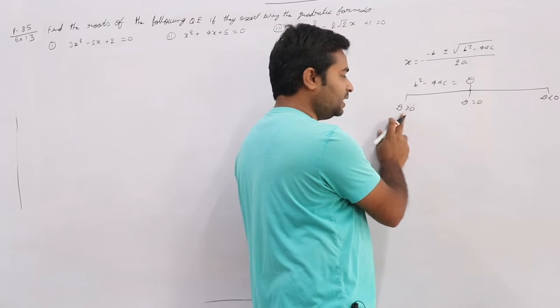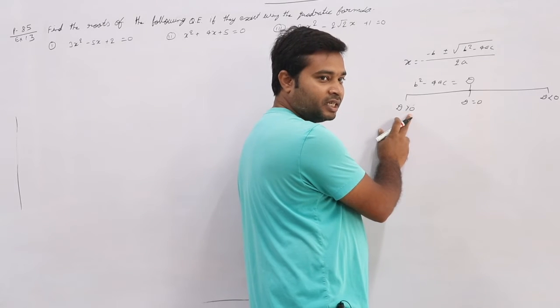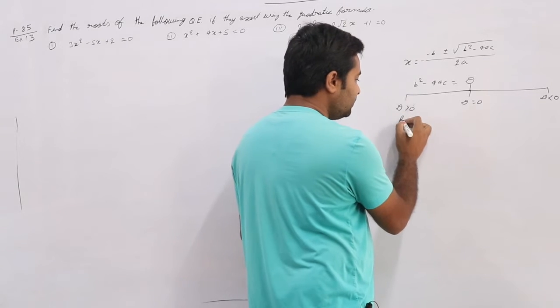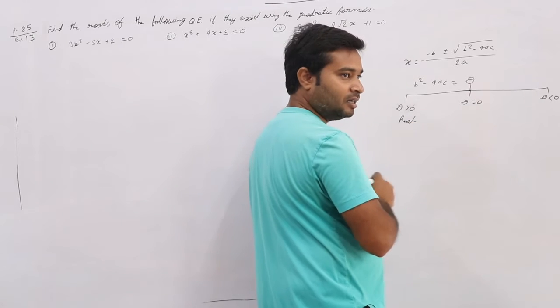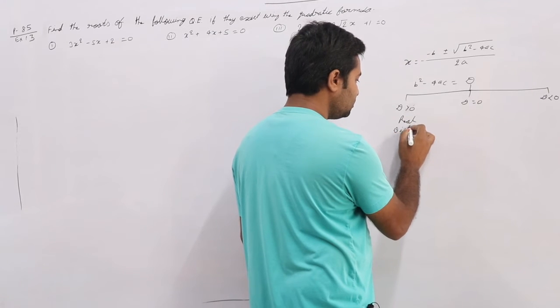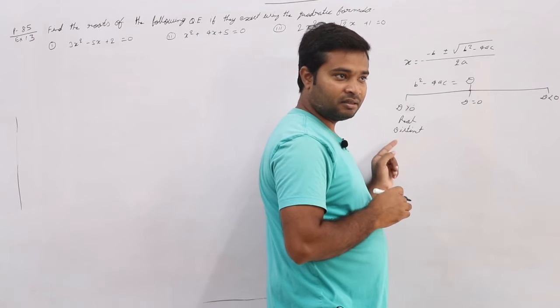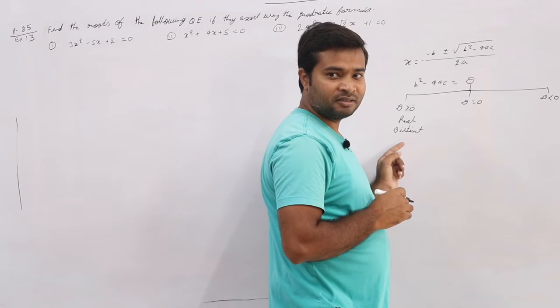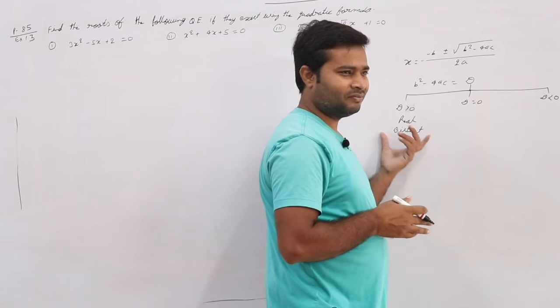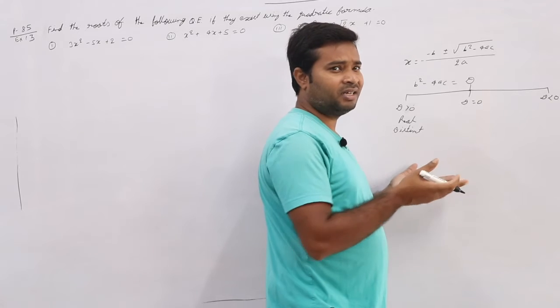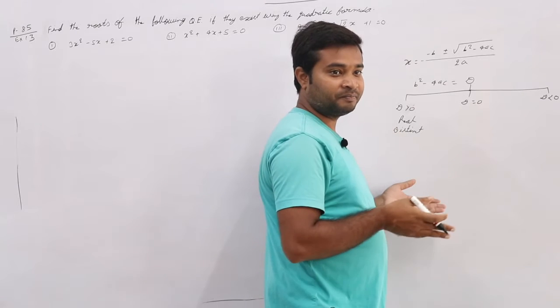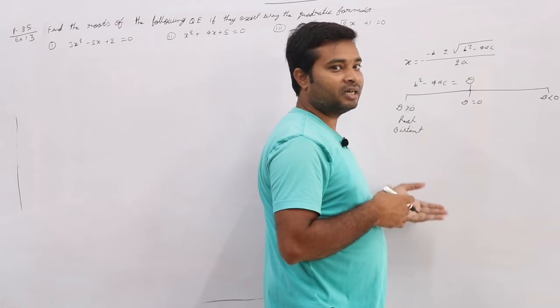Correct. If d is greater than 0, roots will be real and distinct. Real and distinct means different, just a different name in English. Distinct, because a question may say the roots are distinct.